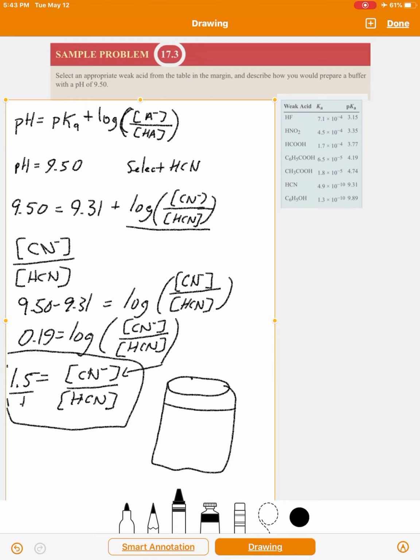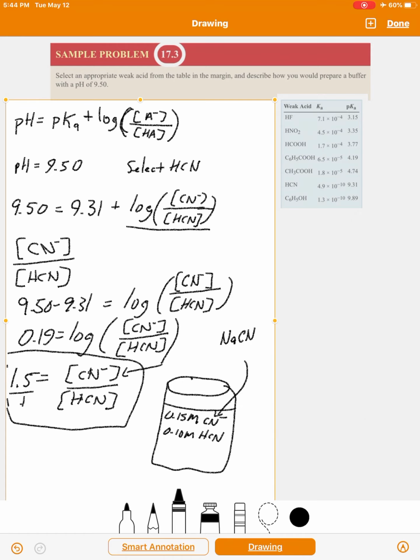So it doesn't have to be 1.5 and 1. It could be 0.15 and 0.1, right? It's just the ratio has to be 0.15 over 0.1 is a ratio of 1.5. And then remember, for the conjugate base, you can't purchase cyanide. You have to get a salt.